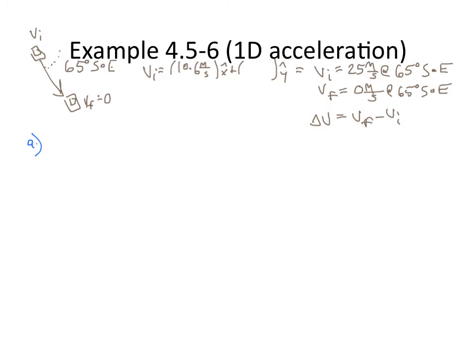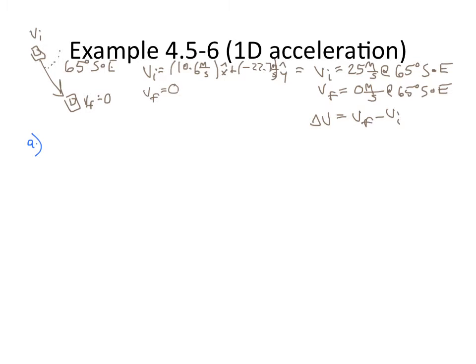For the y, we use a sine, right? 25 times the sine of 65, I get 22.7, but it's going to be negative: 22.7 meters per second y hat. That's going to be very important, especially when it comes to adding and subtracting these. All right, so v final, this is going to be easy.